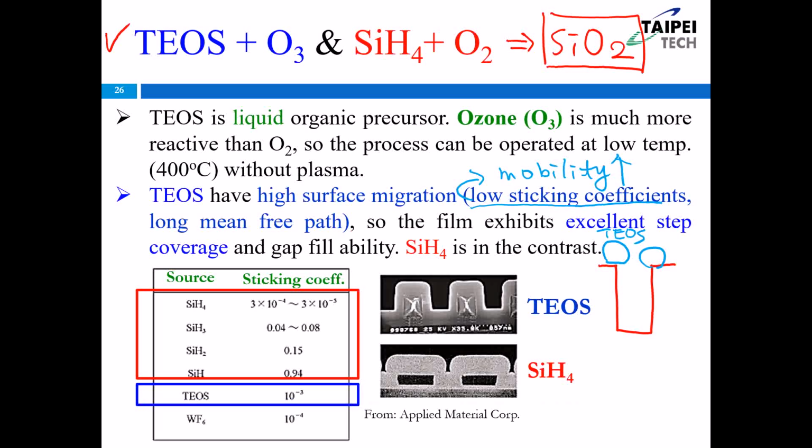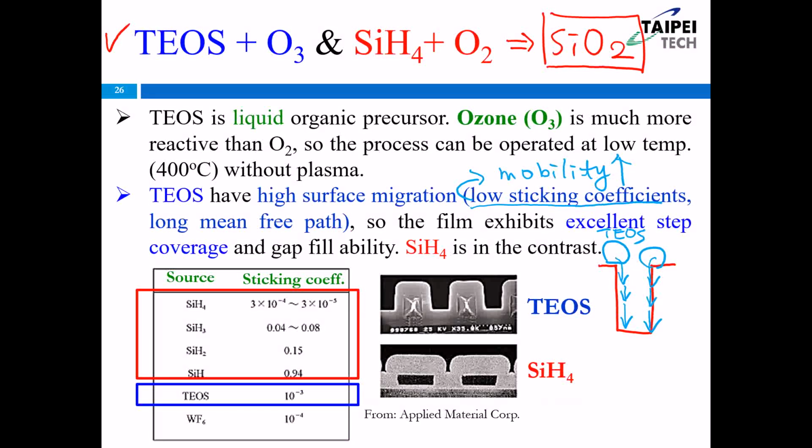Therefore, this TEOS precursor can go down to the bottom corner, because it has high mobility and a low sticking coefficient. So although the precursor remains on the top corner, this precursor TEOS can move down, can diffuse down to the bottom corner.